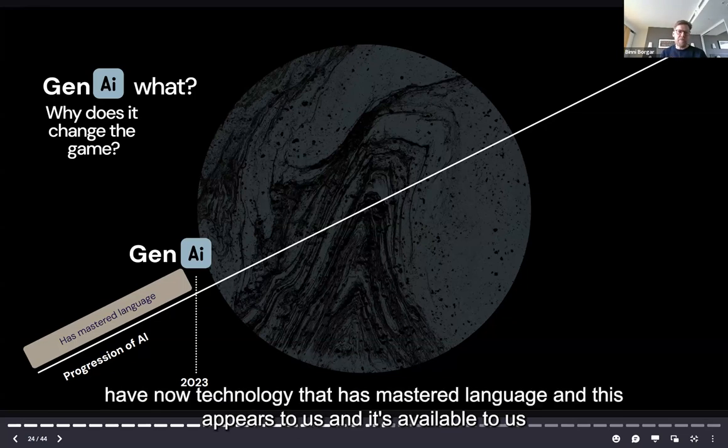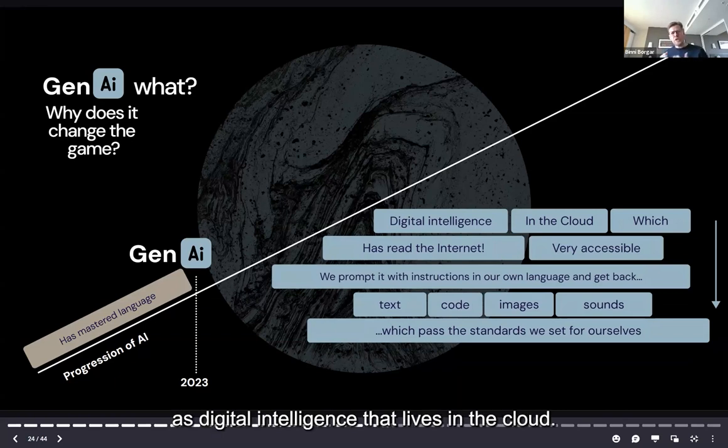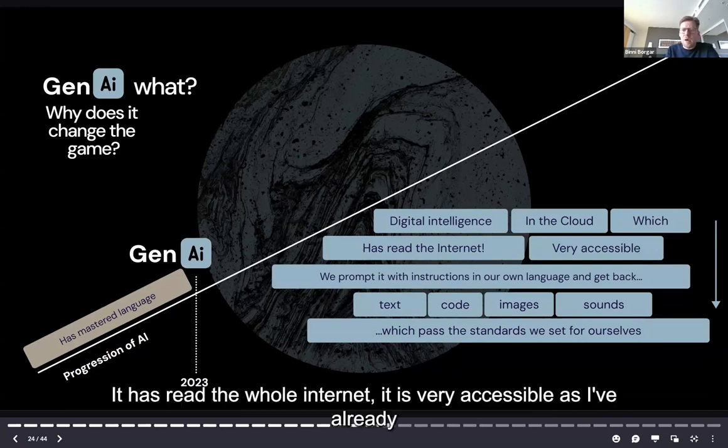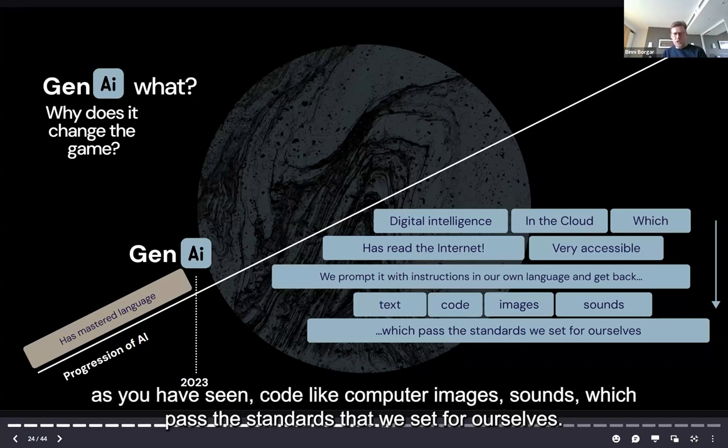Well, we now have technology that has mastered language, and it is available to us as digital intelligence that lives in the cloud. It has read the whole internet. It is very accessible, as I've already said, and we prompt it with instructions in our own language, and we get back text, code, computer code, images, sounds, which pass the standards that we set for ourselves.